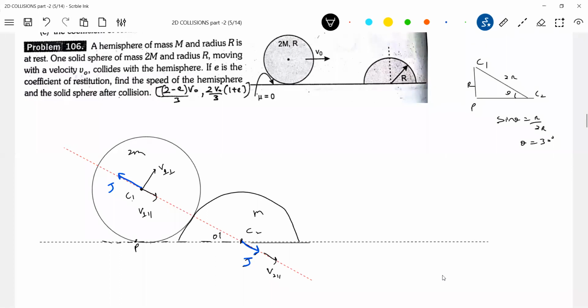So in which direction can I apply conservation of linear momentum? Any direction? This is very important. Let's see how you analyze. Any direction or only one specific direction? This component of impulse will act on the ground, and because of this, impulse by the ground will come into the picture.